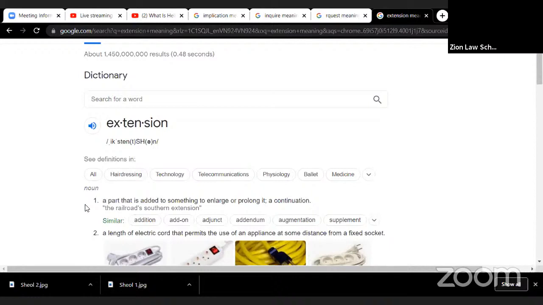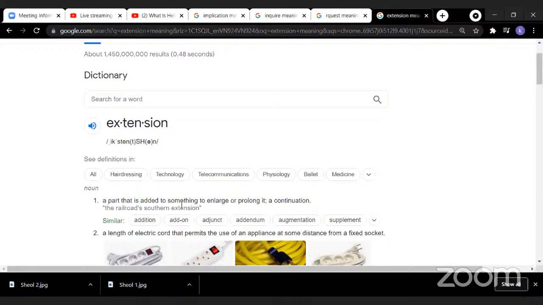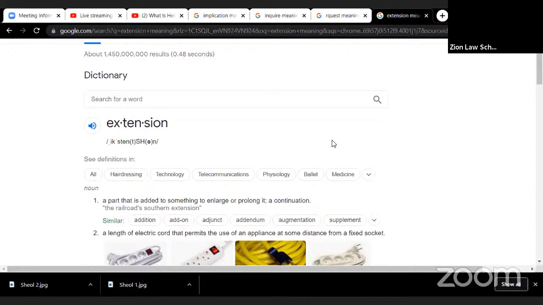And the meaning of extension is a part that is added to something. So if you add an extension to your request, like an addendum to a legal document, does it make it a demand? But that could be an example of it.